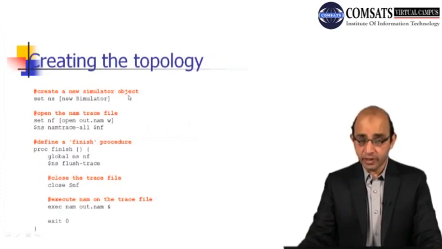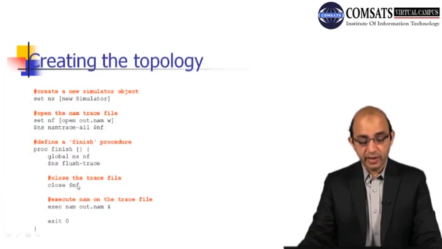So here is the code. Create a new simulator object. Of course we are using TCL: set ns [new Simulator], then the trace file. If we are interested in playing, then we have to create the nam file: set nf [open out.nam w], then $ns namtrace-all $nf, right? Then define a finish procedure.